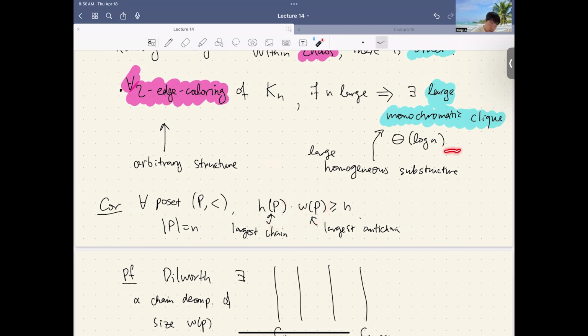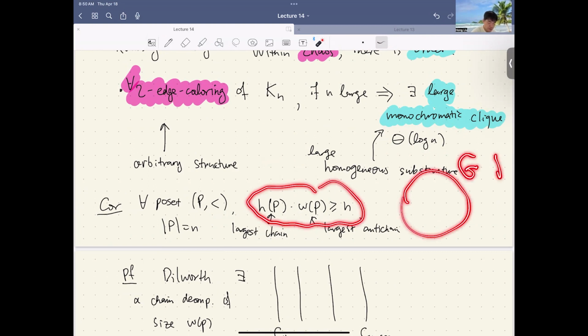We can immediately get the improvement on this log n. Log n is tight for arbitrary graphs. Here, again, as I said, you can construct the graph based on this poset P, where each point in P becomes a vertex in G, and you put an edge if they are comparable. This is the so-called comparability graph.